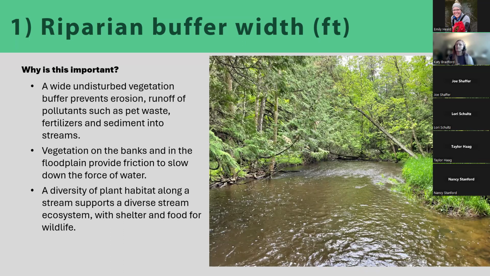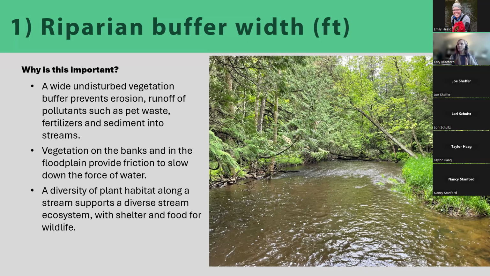So number one, first one on our list, riparian buffer width. So what we are looking at is the vegetation on each bank of the stream along our transect. And so if our transect is 44 feet long, we're looking at the riparian buffer on the 44 feet length on the left and on the right.